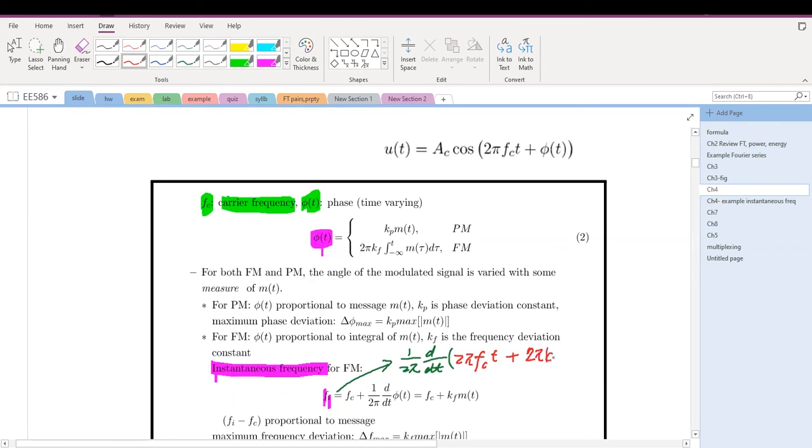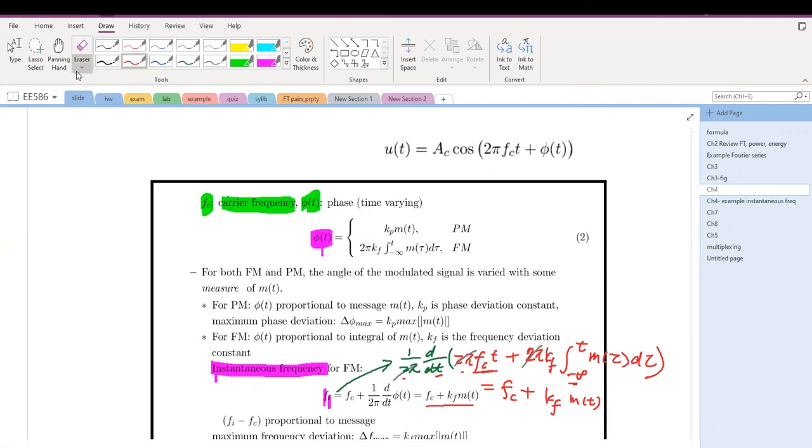2 pi Kf, and the 2 pi cancel out each other. If we take the derivative, that's fc plus, since this is an integral, the integral and derivative cancel out each other, Kf m(t). So this is the instantaneous frequency, exactly what we got here.